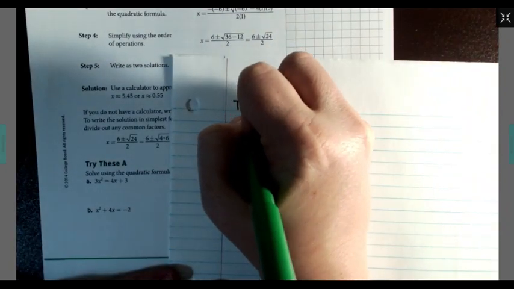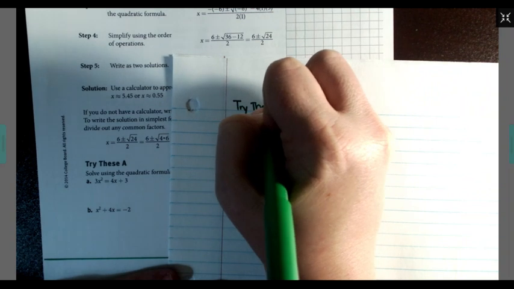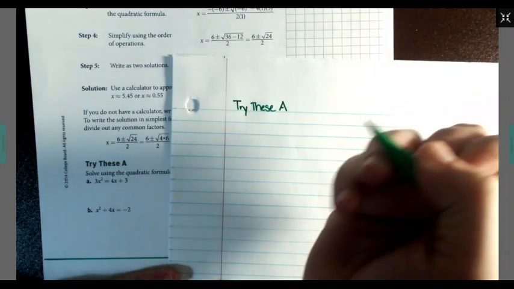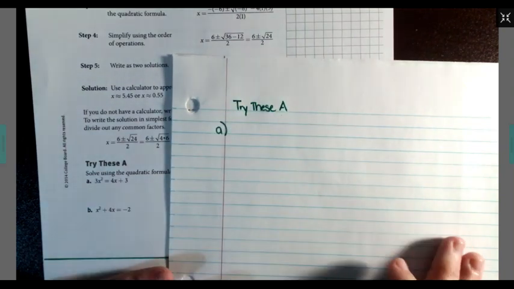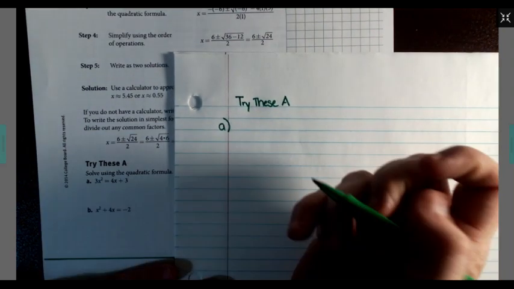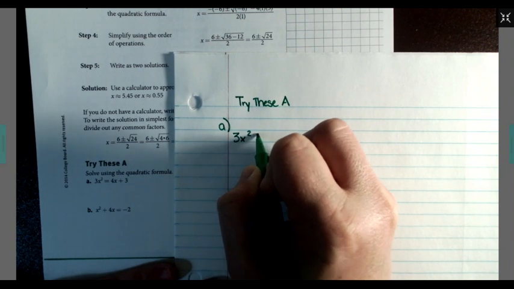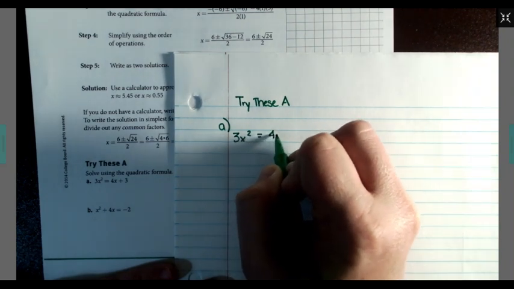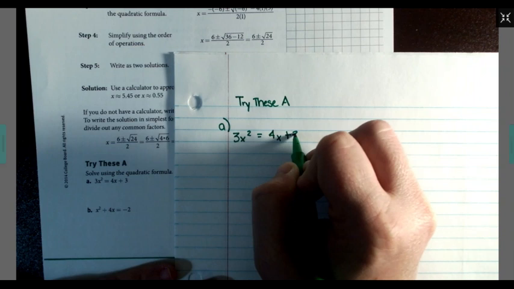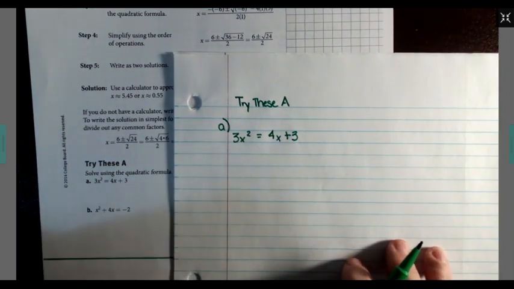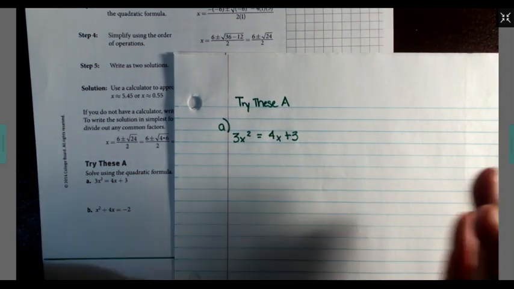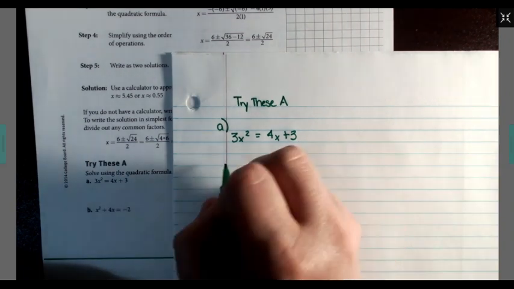Try these A. Question A. Solve using the quadratic formula. We have 3x squared equals 4x plus 3. It says write in standard form, so I have to move everything to one side of the equation.